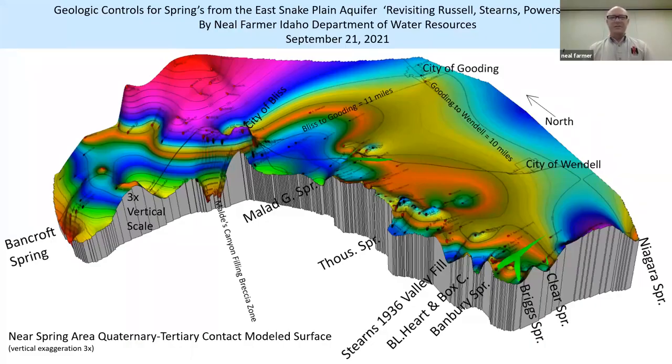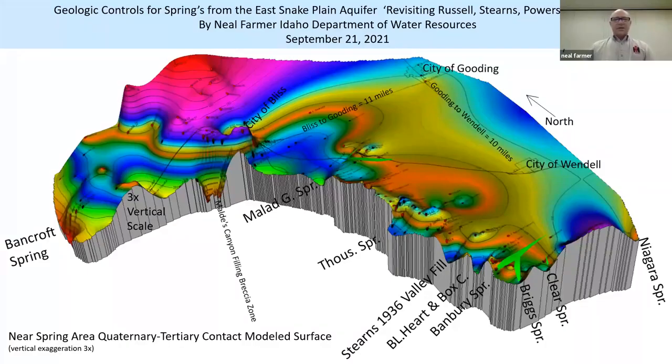Great. So this is a continuation of information and data that's been gathered since about year 2008. And one of the reasons is this geologic contact is a major hydrogeological control of how the springs issue from the East Snake Plain Aquifer in south central Idaho.